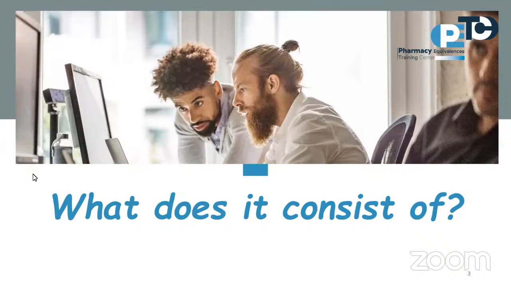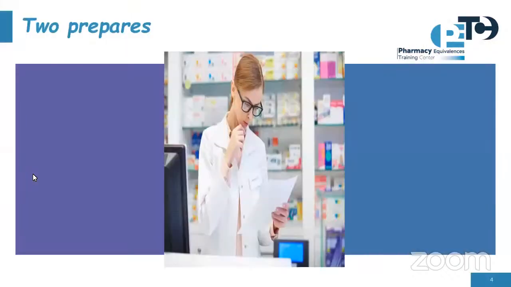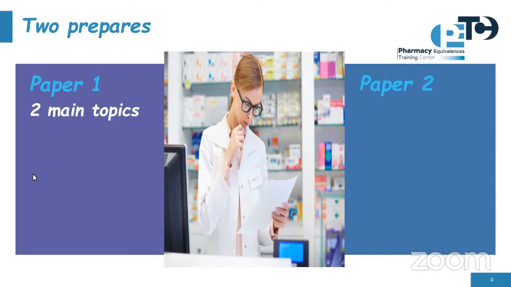Again, 2 papers, paper 1 and paper 2, each having 100 questions. You should solve all of them. Each paper will be about 2 hours long. Let us see the composition of each paper. Paper 1 is formed of 2 main topics, and paper 2 is also formed of 2 main topics.